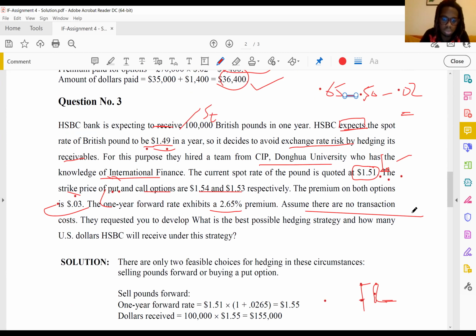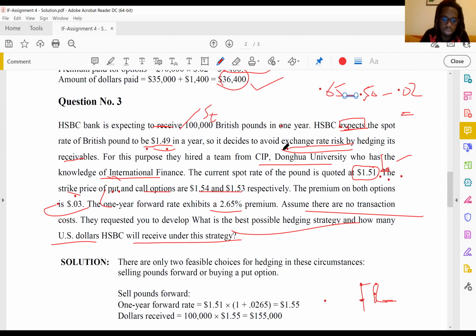So you are requested to develop the best possible strategy and how many dollars you will receive under this strategy. So remember, what is the biggest risk here? Exchange rate risk. Will the dollar go down or up?